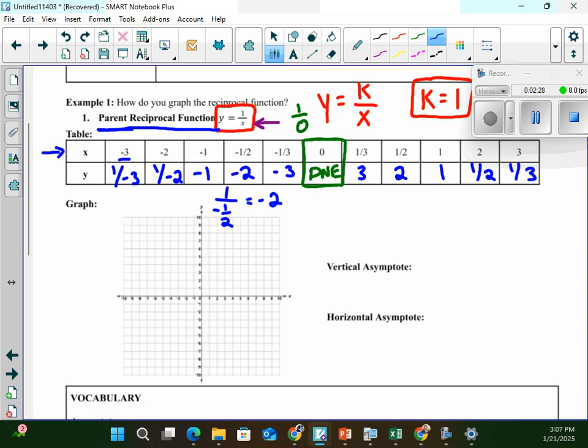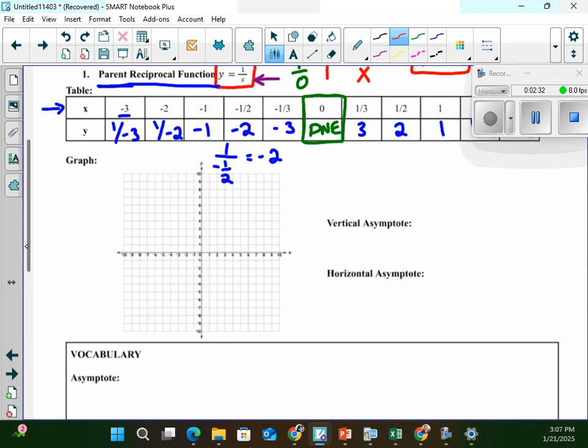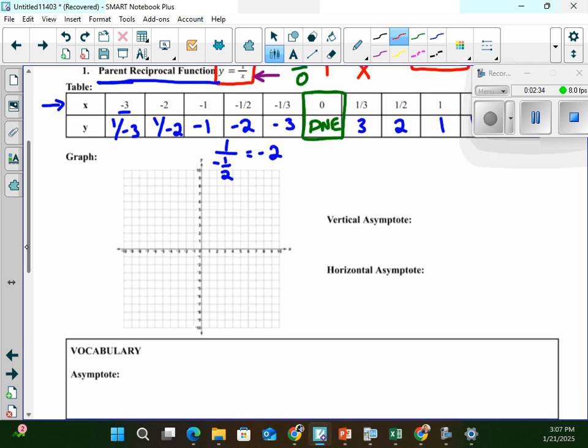So now that we have generated some points, we are going to plot them on our graph. Let's start with our first point, -3, -1/3. Move on to -2, -1/2, -1, -1, -1/2, -2, -1/3, -3. Now, having plotted these first 5 points, we could see a graph starting to take shape here.